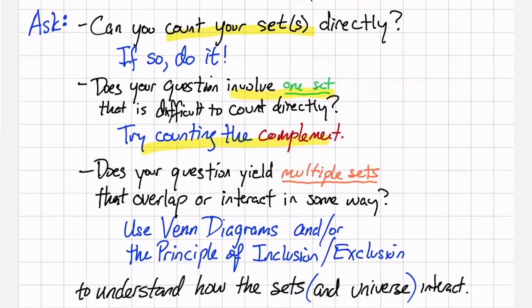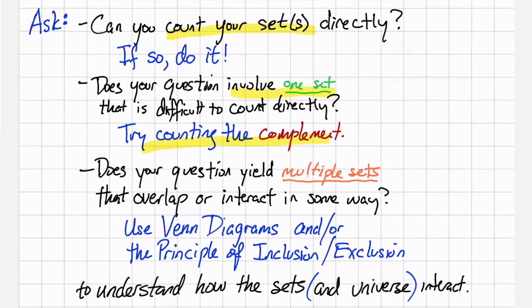The last situation is that your question involves multiple sets instead of just one set, and often those sets will overlap or interact in some way. When you're in that situation, you'll want to use Venn diagrams and/or the principle of inclusion-exclusion, which is the topic of the next few videos, to understand how the sets and the universe interact.